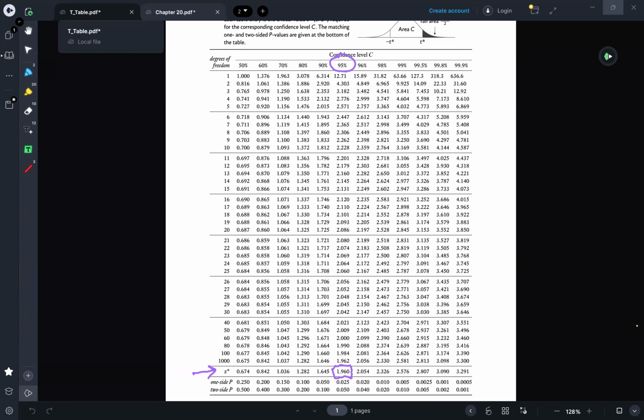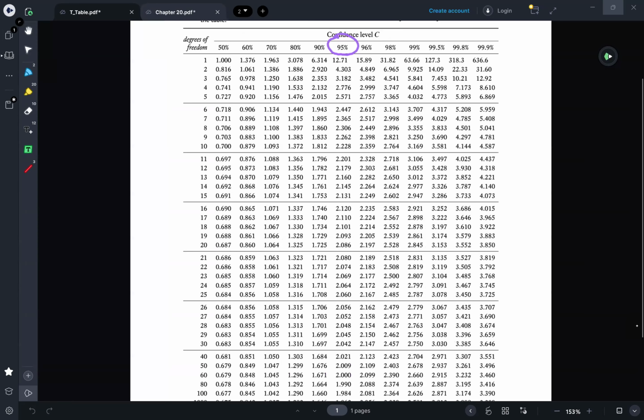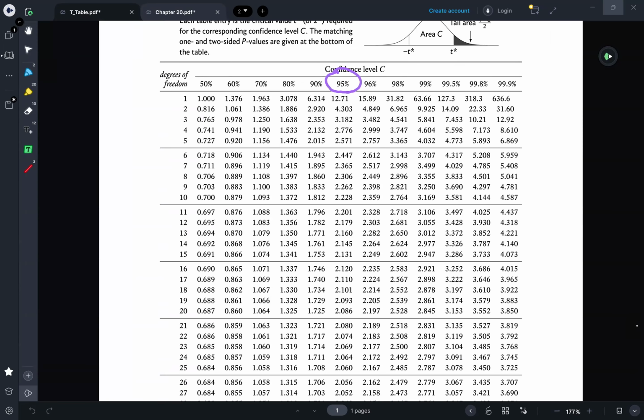So if you're doing a 95% confidence interval, and let's say we have n equals 5. So that would mean the degrees of freedom equals 5 minus 1, which is going to be 4. So we would look at this row right here, 4.